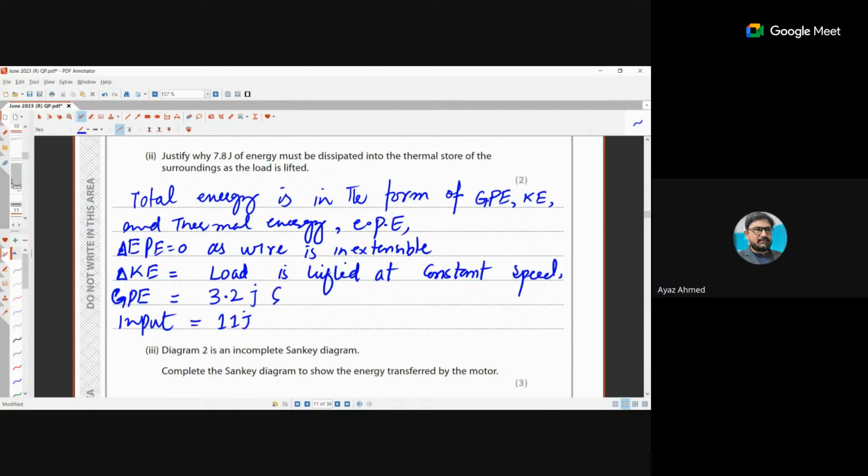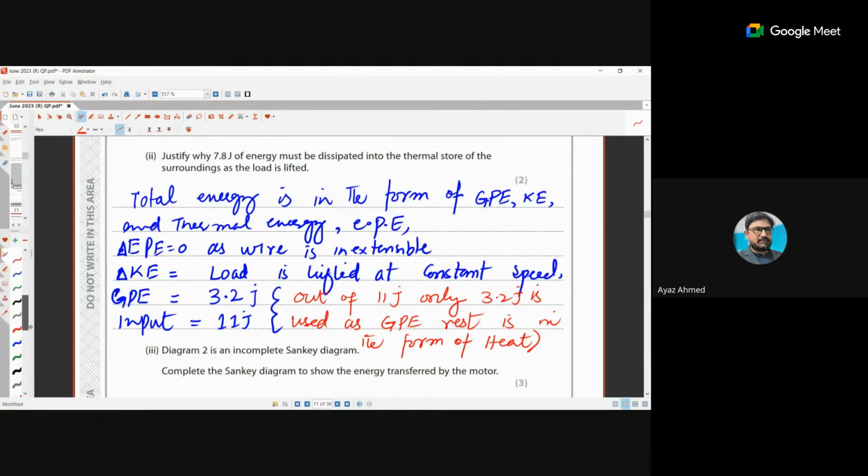I am giving you the answer which you have to write in your exam: out of 11 joules, only 3.2 joules is used as GPE. The rest is in the form of heat energy, you can say.